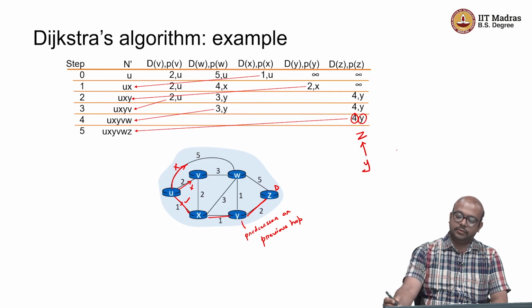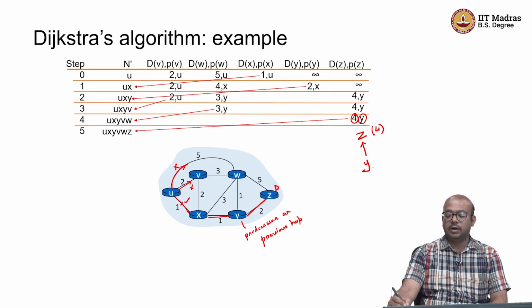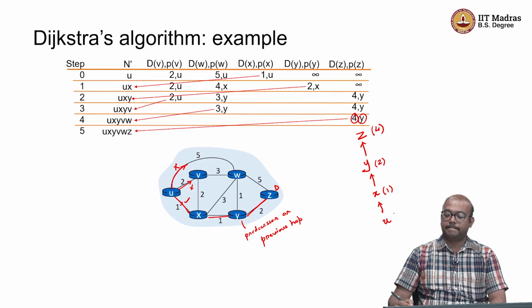Now, your cost was 4, and if you look up y, in order to reach y your cost is 2 and your predecessor node is x. Now to reach x, your cost is 1 and your predecessor node is u, right.